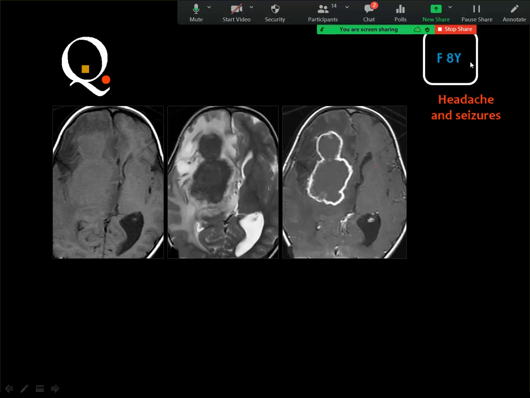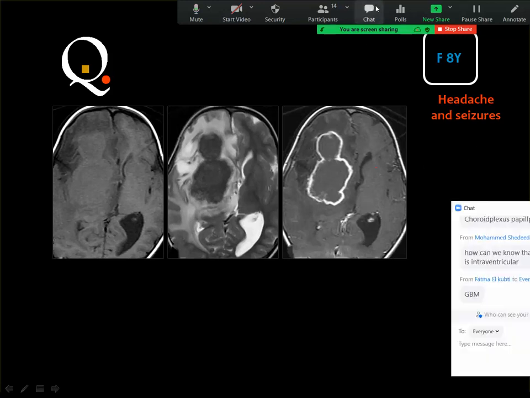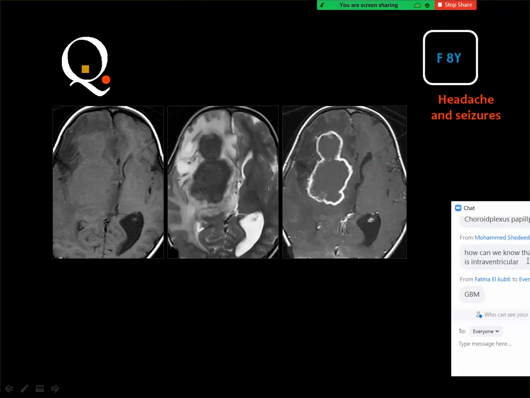Next case is a female child with headache and seizures. This is T1, and this is T2, and this is T1 post contrast. How can you know that the lesion is intraventricular?